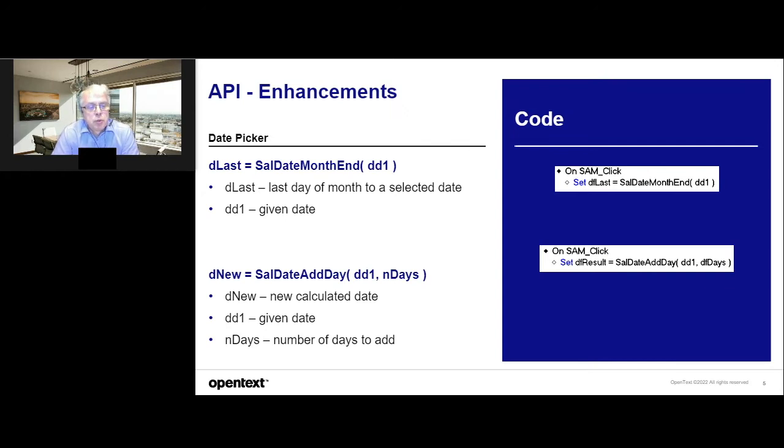Also, you can use SalDateAddDays to add a special number of days to a special date value. Like you have the 25th of May and you want to add 30 days, then you automatically get the result, for example in June, as the new date value. In the past, you had to calculate the days and create this date value again. Now it's really a simple API function.